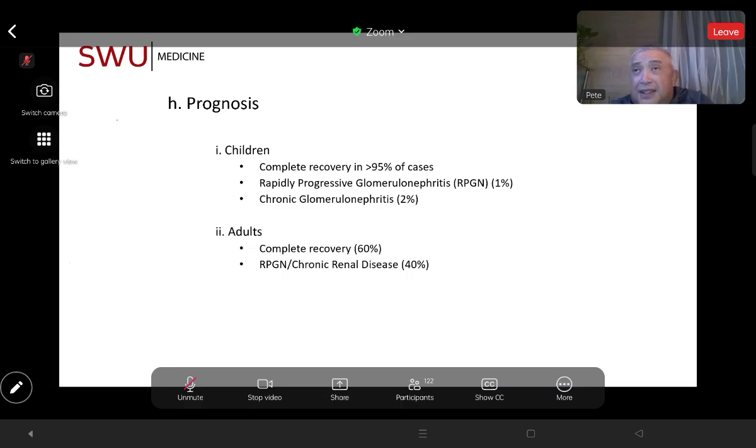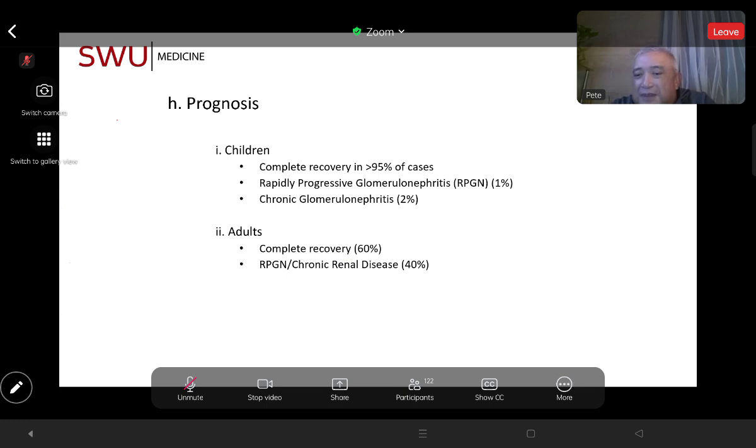You will see elevated ASO titers and streptolysin O. Number three, the most common infectious agent that is implicated is group B hemolytic strep. Number four is that you will see subepithelial humps.